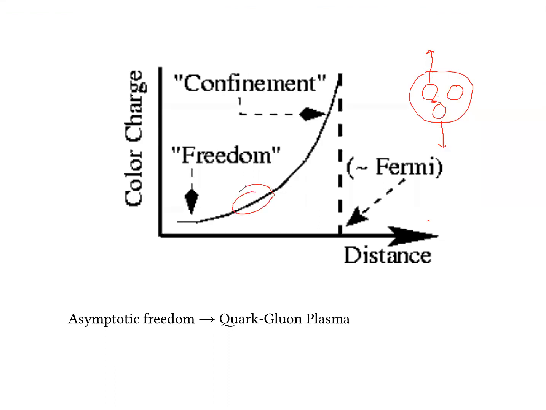If I try to pull them away, the force increases very dramatically, very sharply. So it is very hard to take out the quarks. However, if they come very close together, the force almost vanishes, and that is called asymptotic freedom. That means the quarks are almost free when they are very close together.